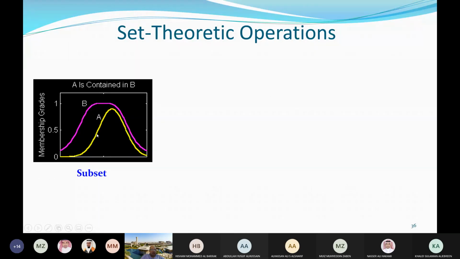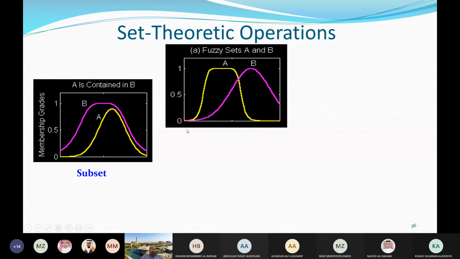As you can see here, A is a subset of B. If you have these two sets, A and B, can you show us what is not A? What is not A? And this is A. What is not A set?